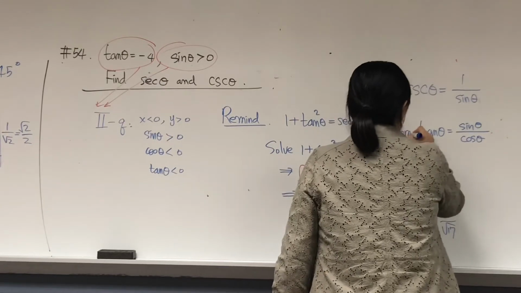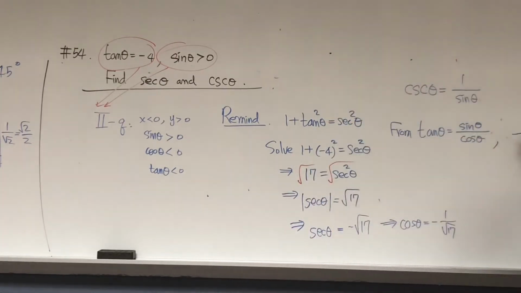What do you know? Tangent is negative 4, which is equal to sine theta over negative 1 over square root 17. Am I right? Okay, how do you solve? Cross multiplication. So sine theta is what? 4 over square root 17. Am I right?